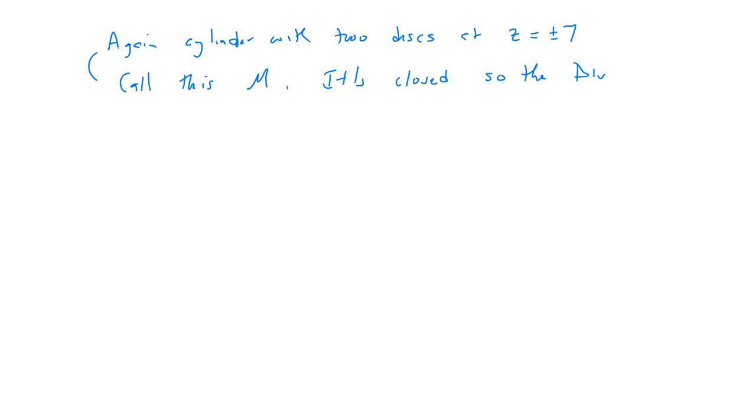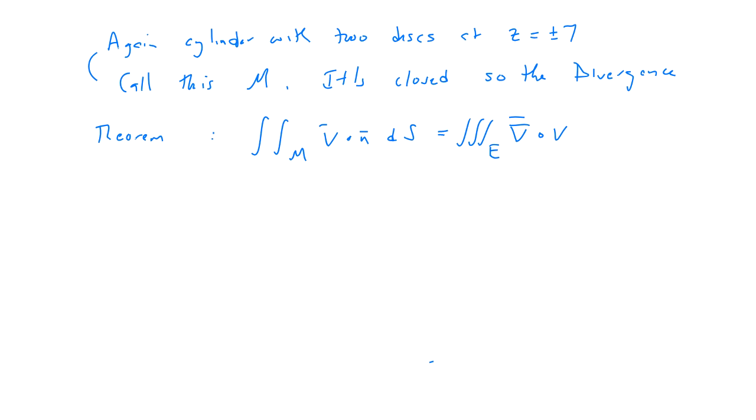So we can use the divergence theorem, which is that the flow on M, which is the surface, is equal to the triple integral of the divergence.